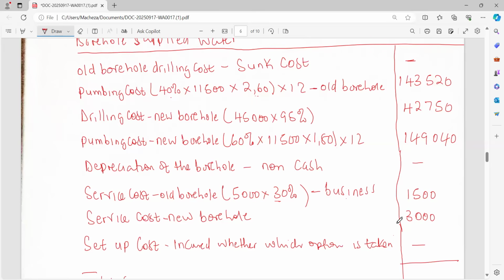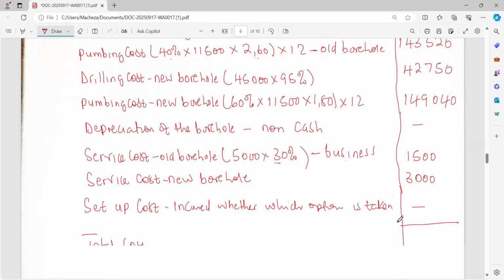It appears as if the bore is going to be cheaper here. I get 339,810. Right, so this is what we have.